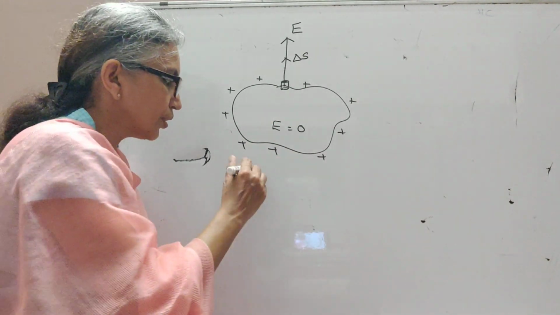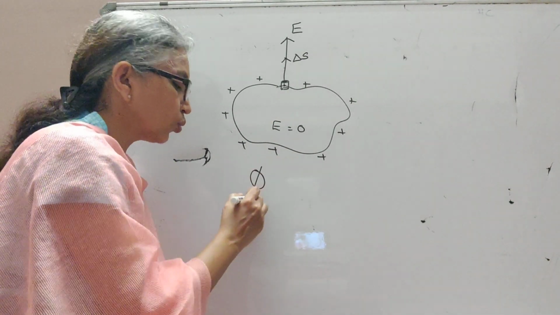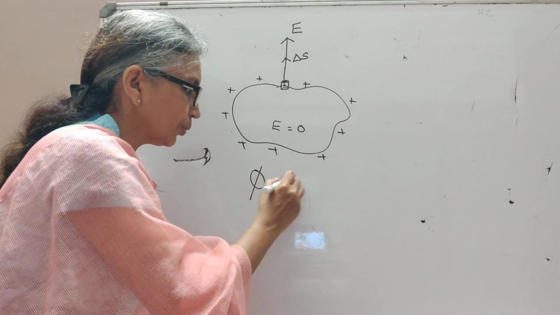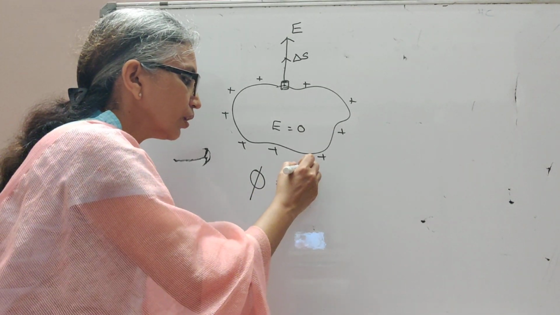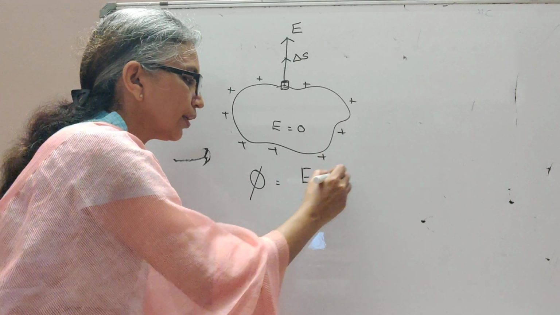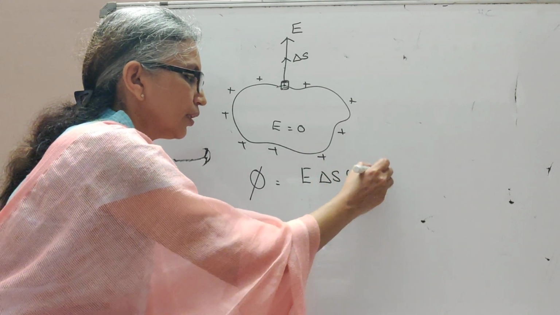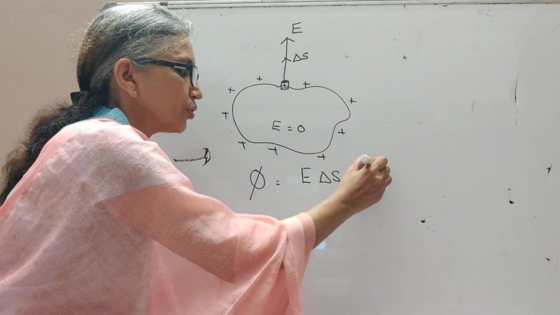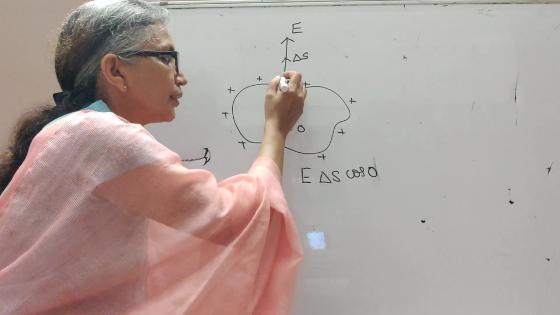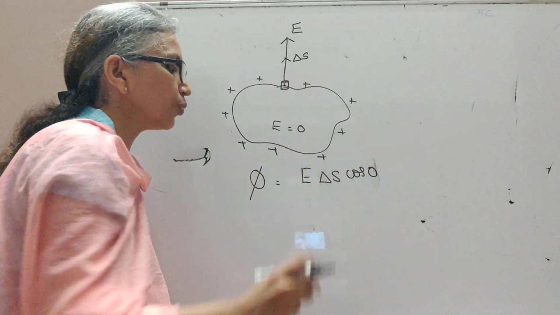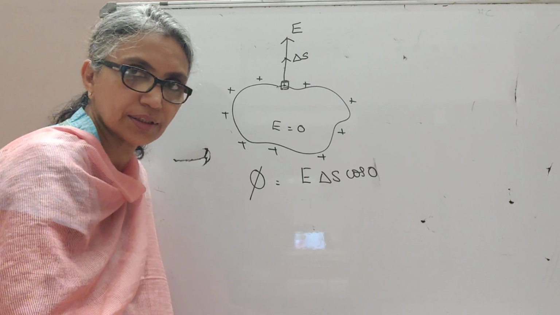0. Now using Gauss's law, the flux through the pill box is equal to E delta S cos theta, where theta is equal to 0, and this delta S is the small area through which we are considering the flux.